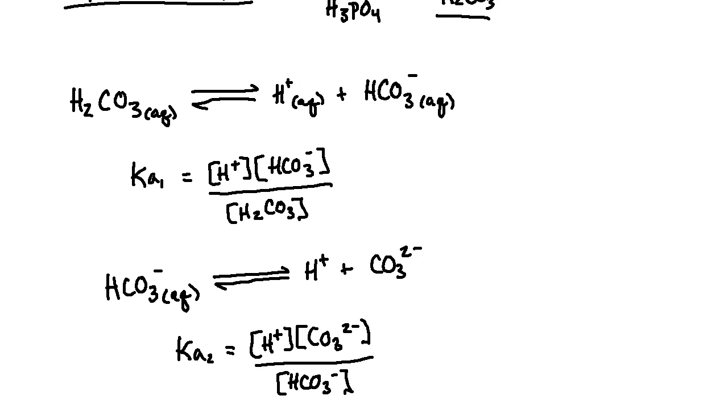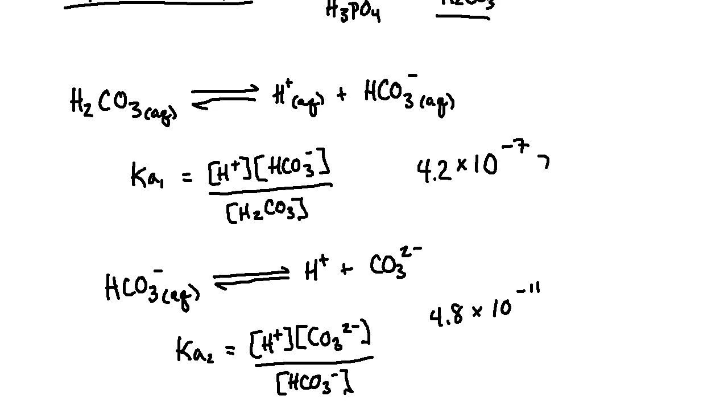So in this specific case, the Ka value for Ka1 is 4.2 times 10 to the negative 7th, whereas for Ka2 it is 4.8 times 10 to the negative 11th.